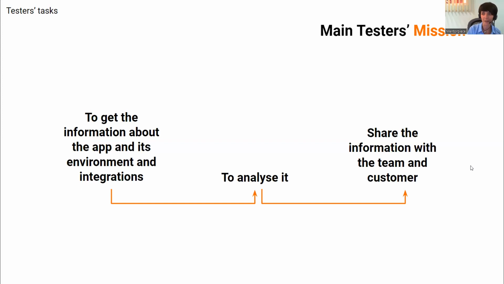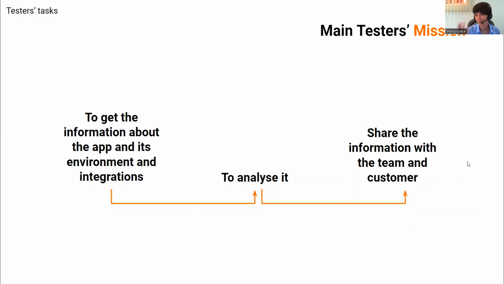Then we analyze it and test and collect all the information about the current state of the application, and then share this information with the team and the customer, and wait for the decision about go, no go. So this is our mission as functional testers.